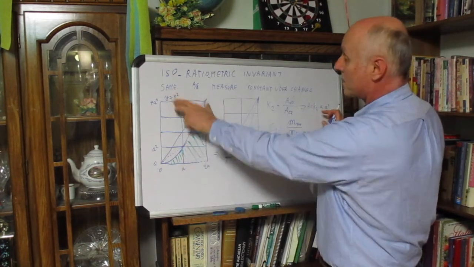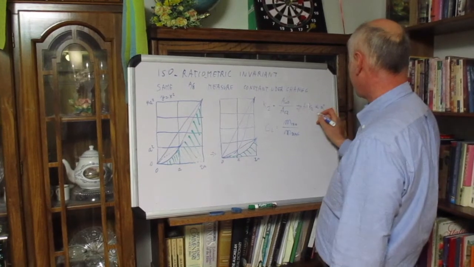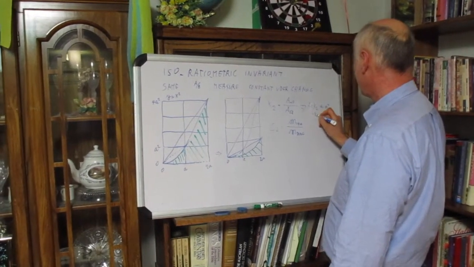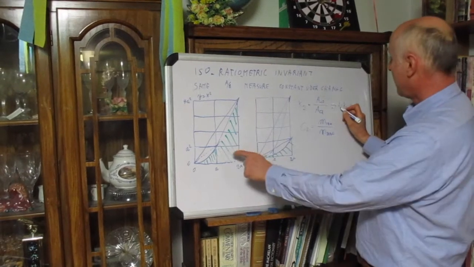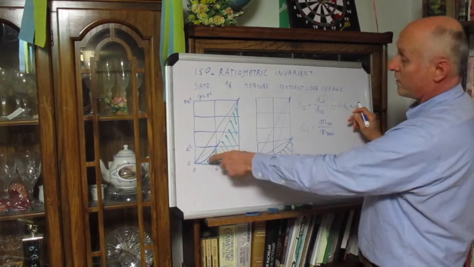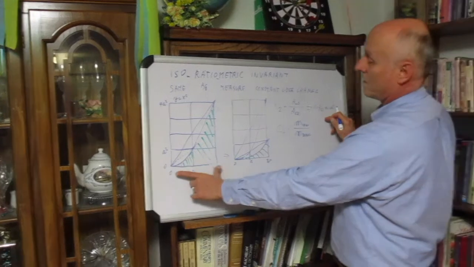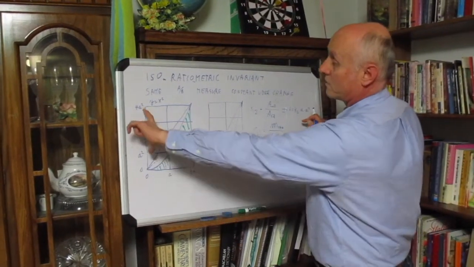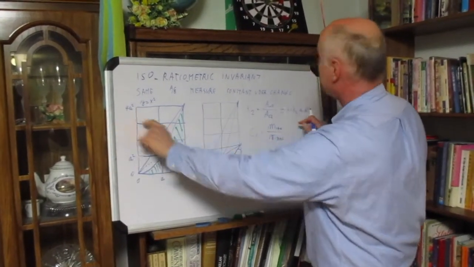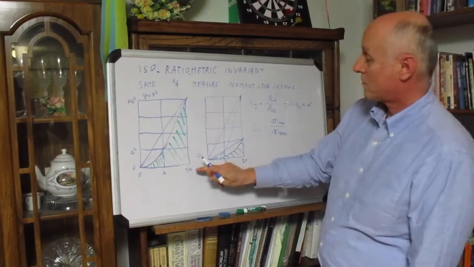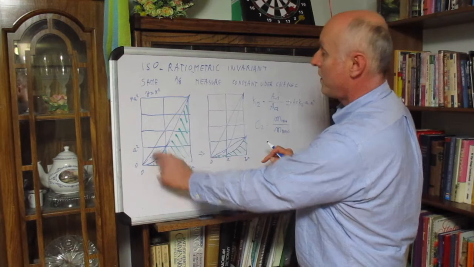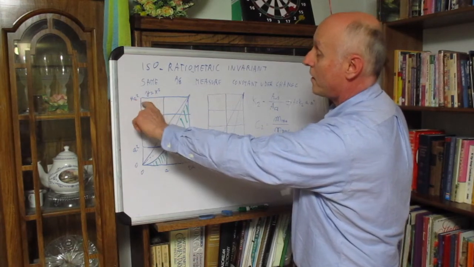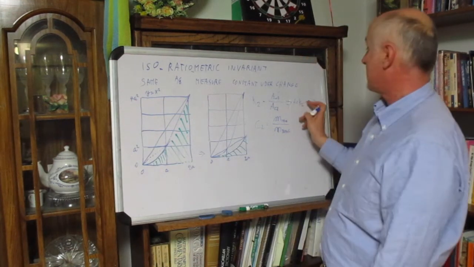Same thing happens here. This is the little area. And the big area, of course, is base times the height times K2. So you got 2A times 4A squared times K2.